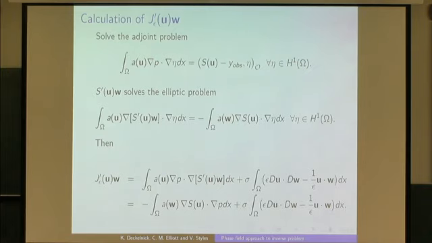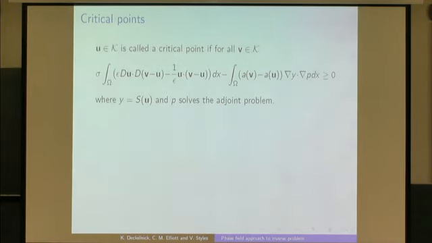Then you get this expression from the dual problem. And then you put the p in here as a test function, and you end up here. And what you've gained by doing this is the w is now outside here, and it just appears in a linear way. And then you can easily calculate derivatives, and you can easily find descent directions. So that's the virtue of this adjoint calculus.